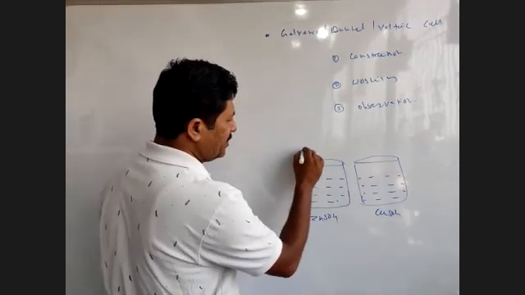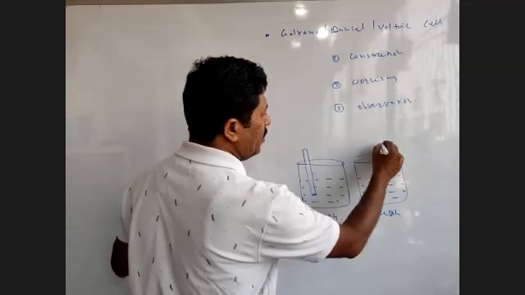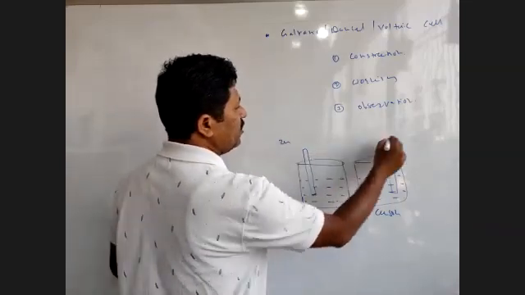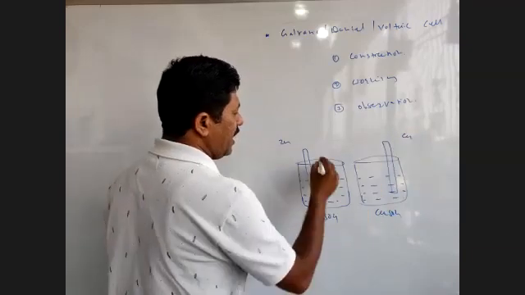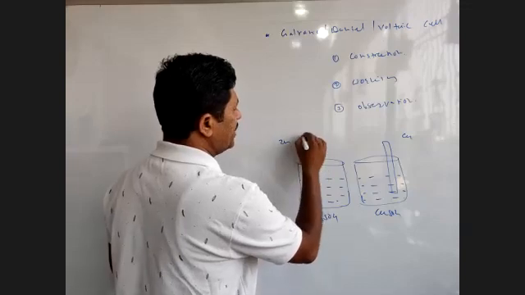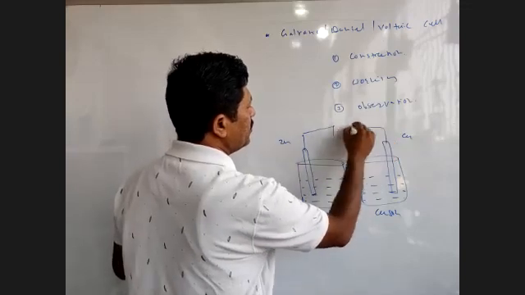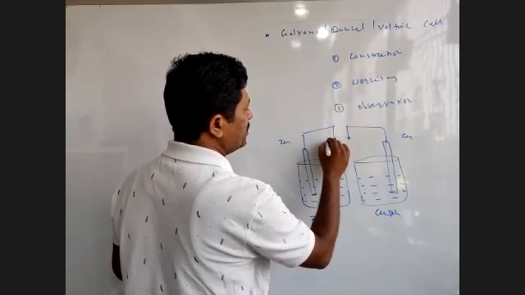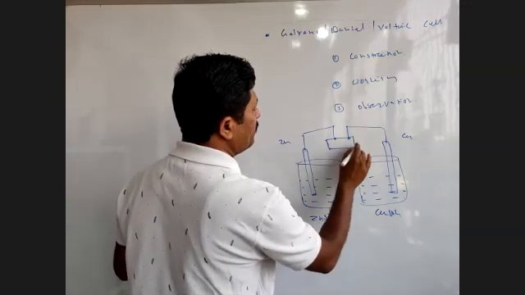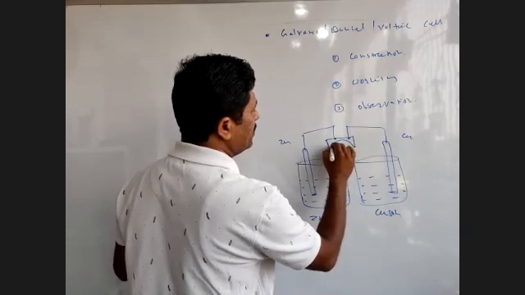Zinc rod is dipped in this container, and copper rod is dipped in this container. So this is zinc rod and this is Cu rod, and this is connected to आपके बुक के हिसाब से डायग्राम निकालेंगे like this one. इस तरीके से है, और यहाँ पे जो है that is galvanometer है जो इस तरीके से है.